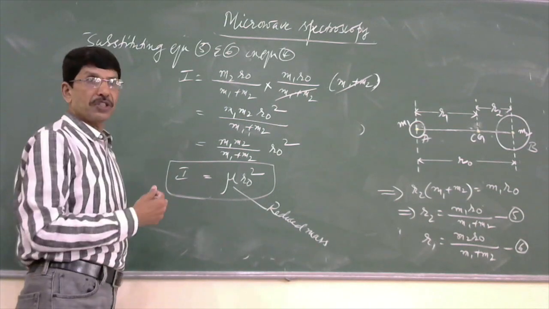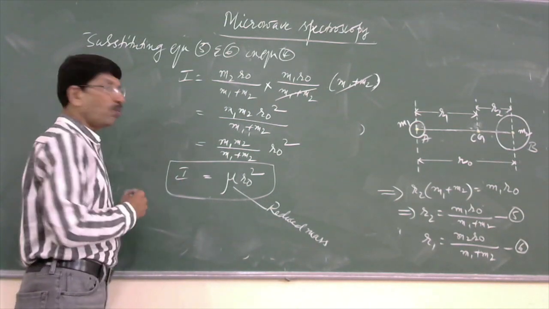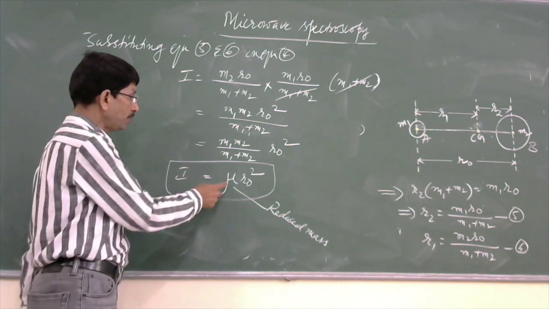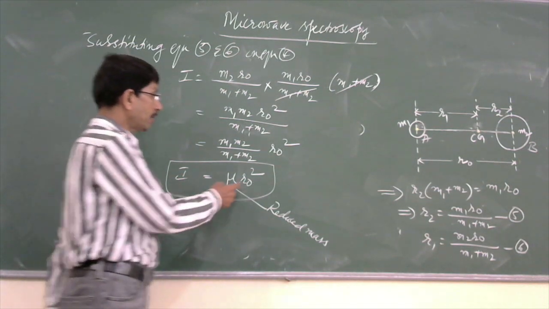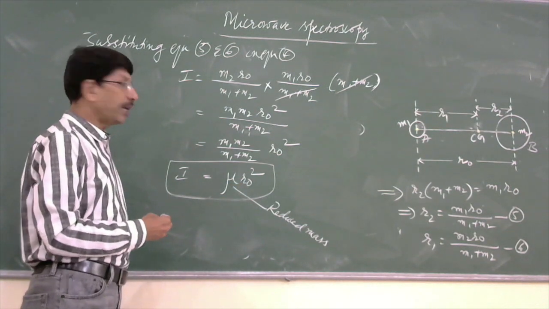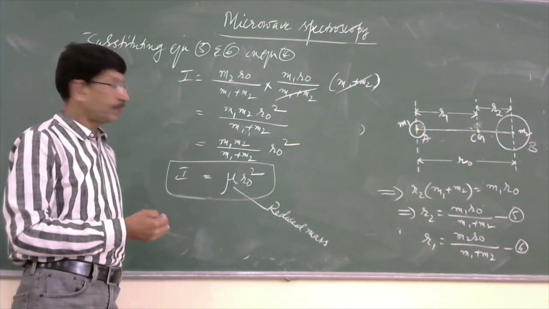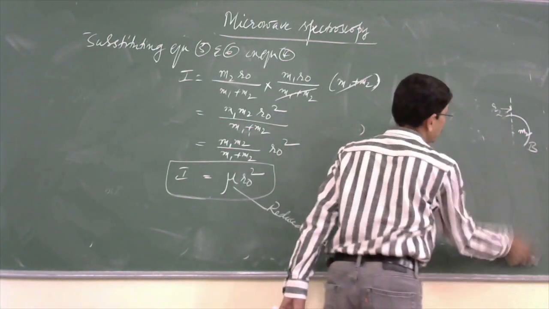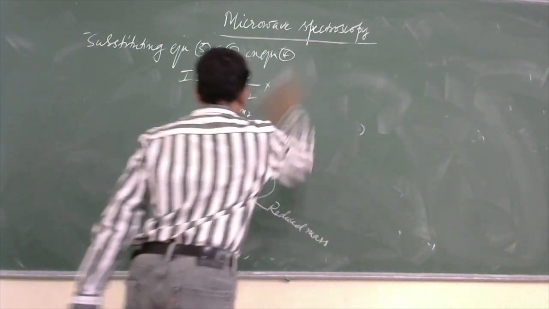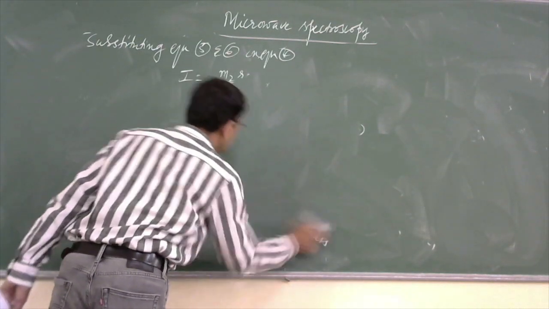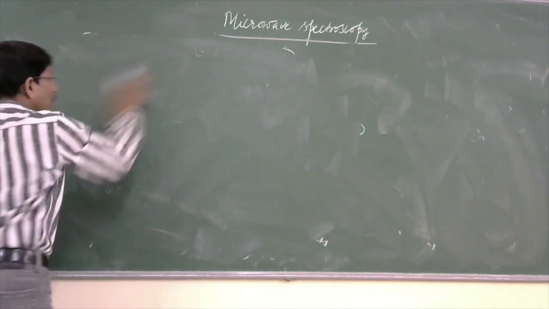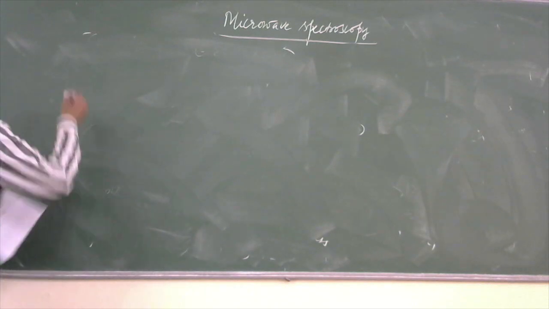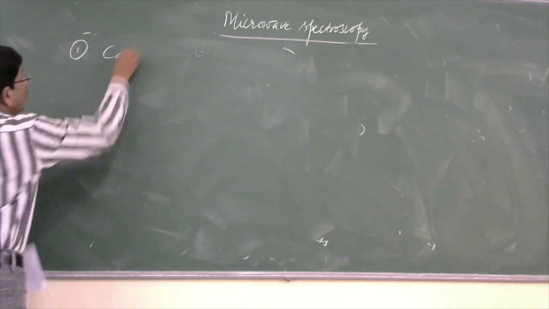So this is the expression for moment of inertia, where I stands for moment of inertia, mu is reduced mass, and R0 is the equilibrium internuclear distance. Using this expression, we shall solve some problems. This is the important expression that one should be able to derive. So based on this, we can calculate some problems.